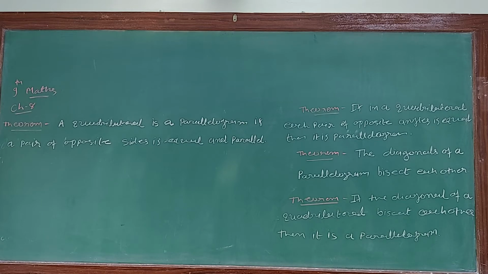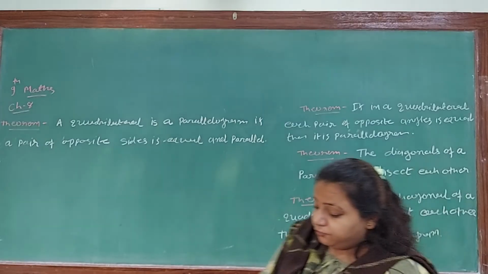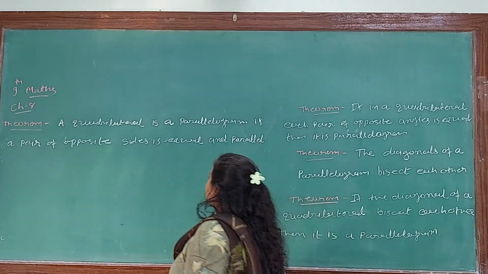Then theorem 8.8. A quadrilateral is a parallelogram if a pair of opposite sides is equal and parallel. Let me look at a diagram.